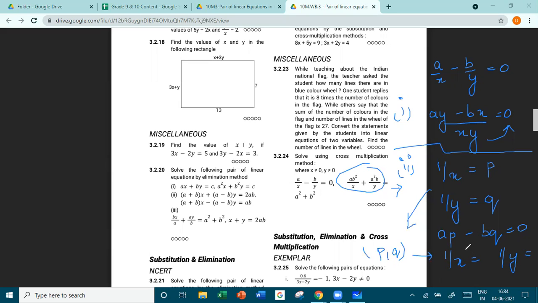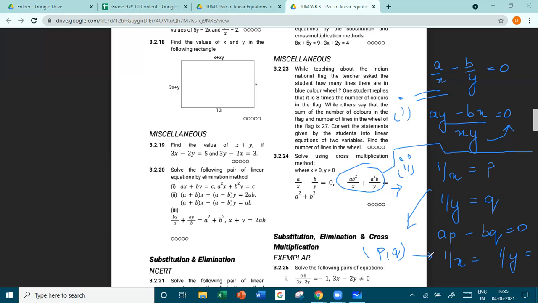The second method might seem lengthy, but most of the time this is the one which will help you. If it is in the denominator, with the first method you might not really be able to achieve anything. So substitution by another variable would be the way to go here.